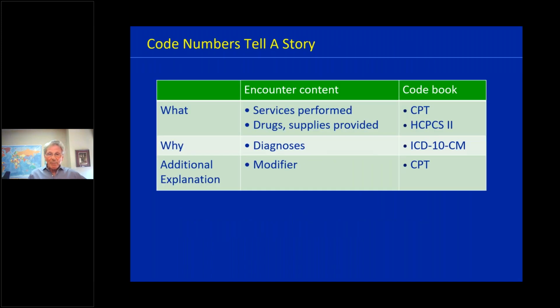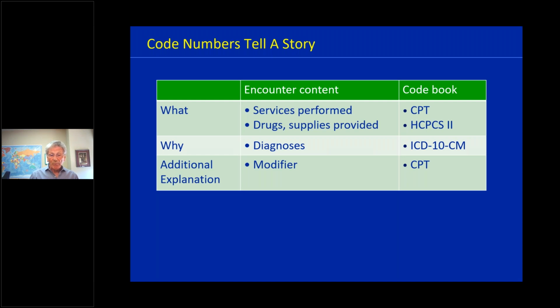So I want you to think about coding like you're telling a story, because what you're doing as a clinician is telling a story to the biller, who is then telling a story to the payer. Remember when we were in junior high school, we learned about writing newspaper articles, the what, the why, the how, the where. In this circumstance, the what are the services that we performed, that's indicated by a CPT code.